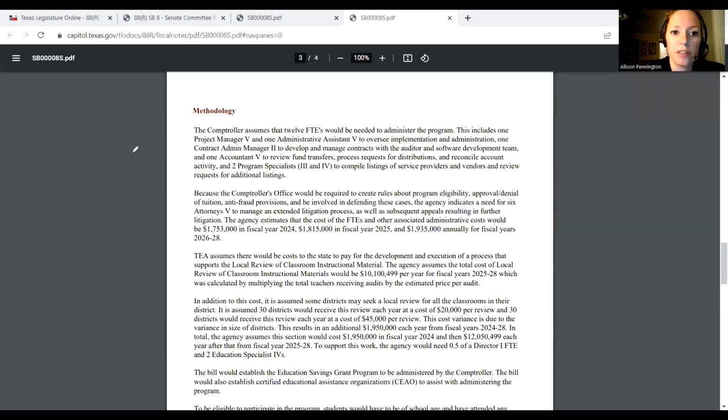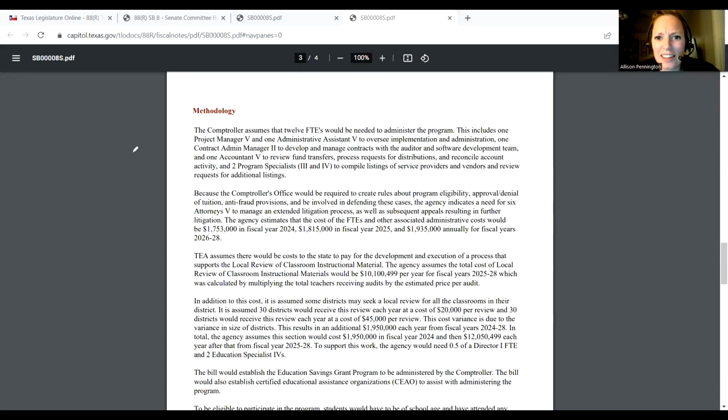So first of all, the assumption here is that we would need 12 employees at the comptroller's office to administer the education savings account program. So keep in mind, the bill stipulates that the comptroller's office would actually be contracting out with a whole other organization to run the program, but you would still need state employees to oversee the contractors and manage all of that. And I want to make sure I'm not overstating things here.